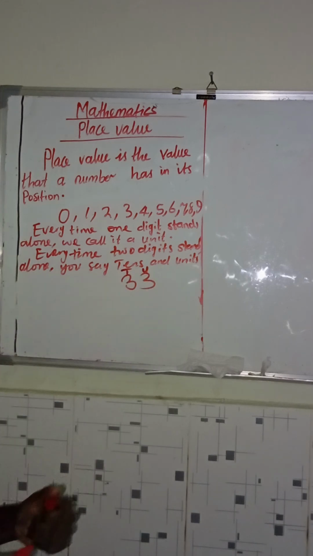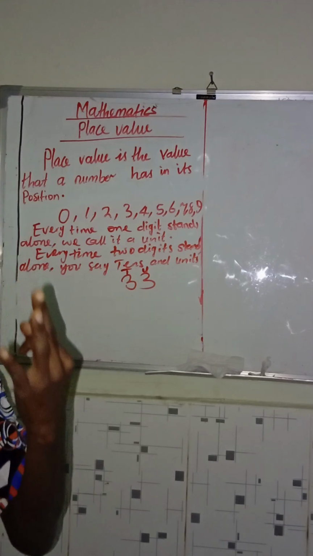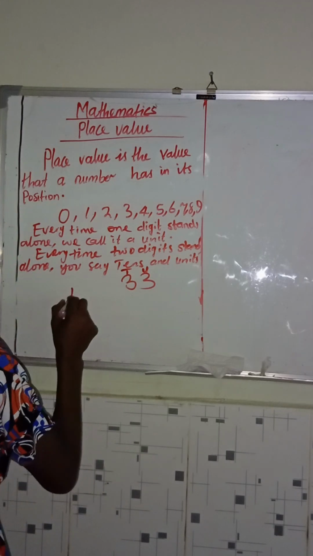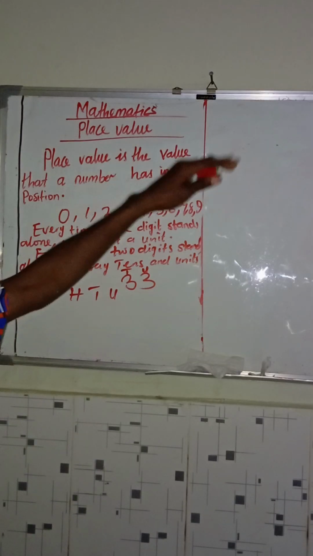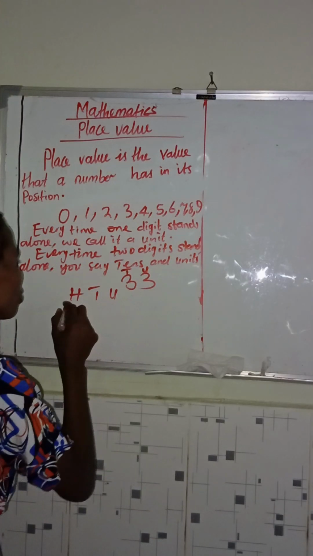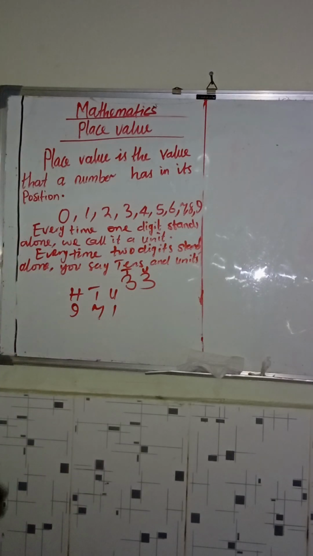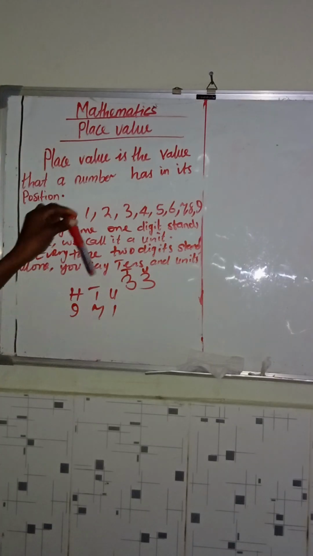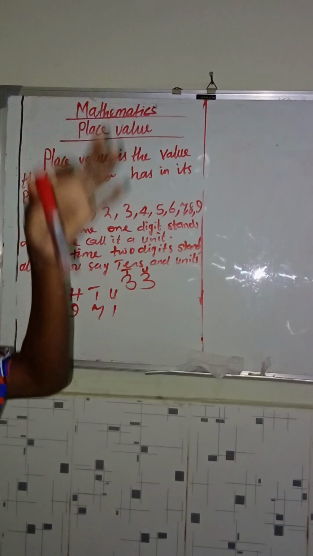Leads us to the next point of hundreds, tens, units. Every time you see three numbers standing together, we'll call them hundreds, tens, and units. Pick any three numbers from here randomly, say a 9, a 7, and a 1. What does that mean? It means get me one marker, or one apple, just one time.